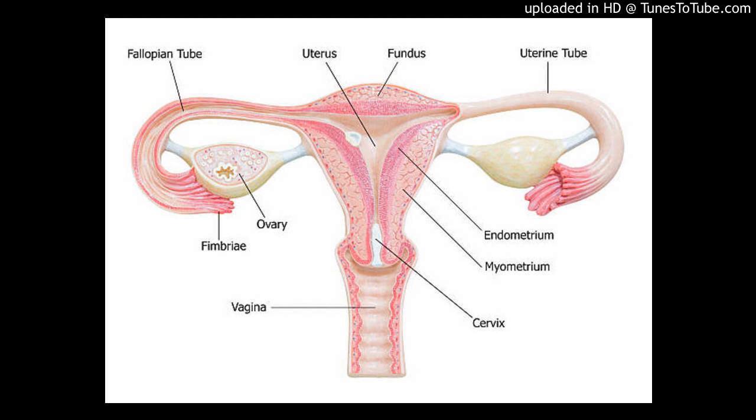The fallopian tubules end with a funnel-shaped ending, and here they are connected to the ovaries. The ovary releases the female gametes, the ova.